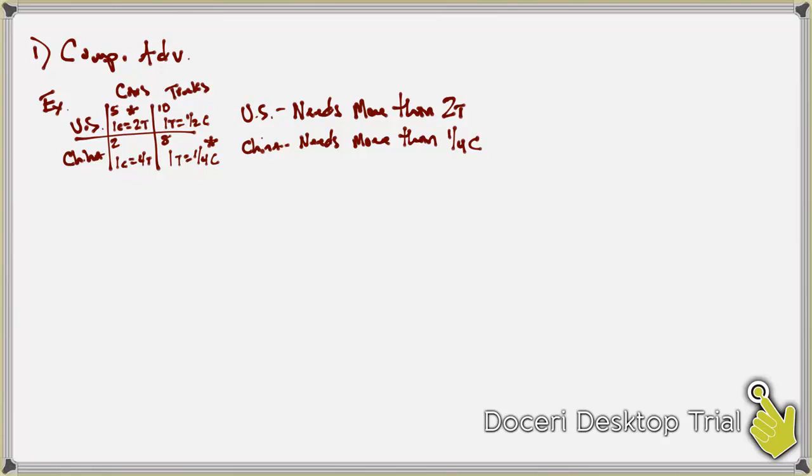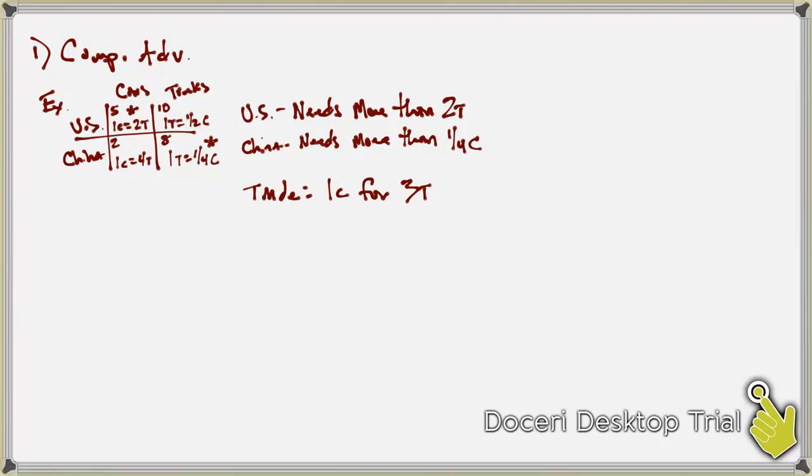So that's what I'm going to use to evaluate my trade. Let's just say that my possible trade is 1 car for 3 trucks. That's the proposed trade. We want to know, does that trade work?